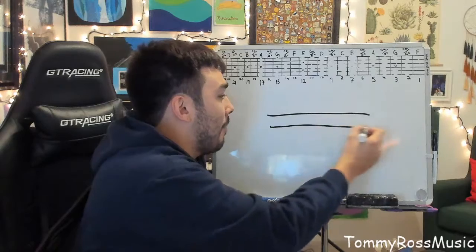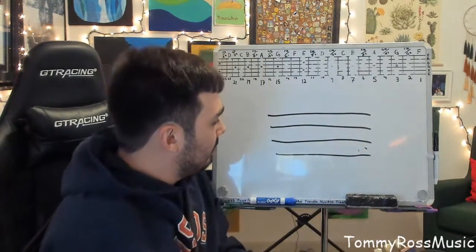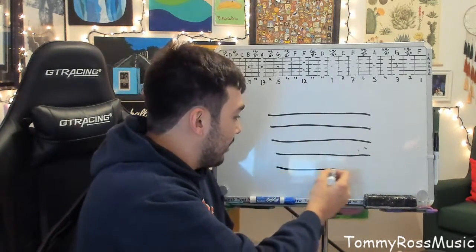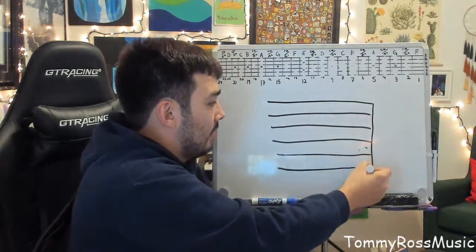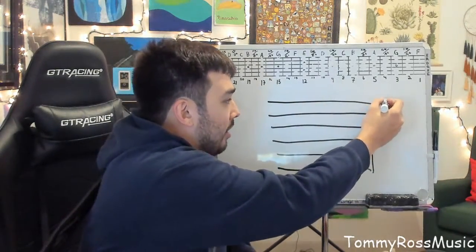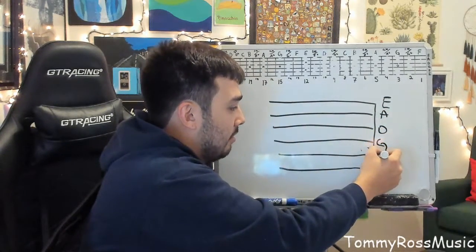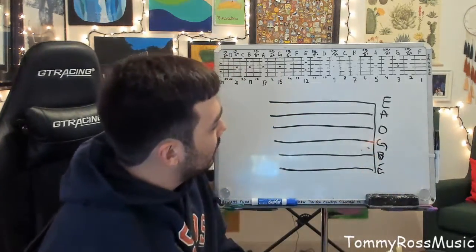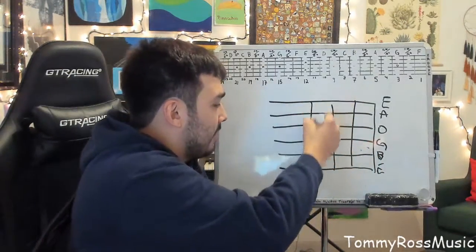We're going to be talking about major intervals here, or major harmonies, or major extensions. Over here we've got our string names, E, A, D, G. Oh, that B looks ridiculous. Right, and then we can chart our frets out.